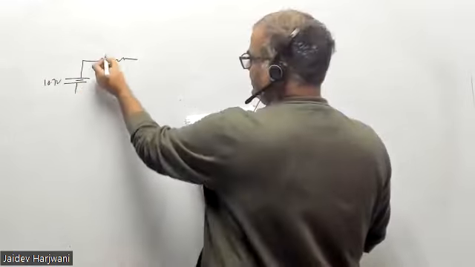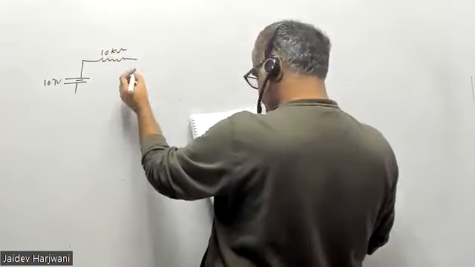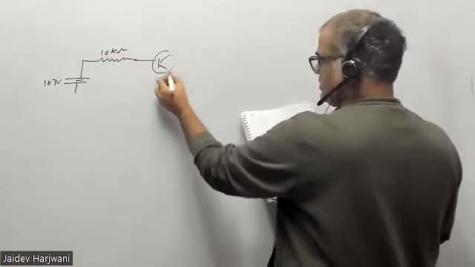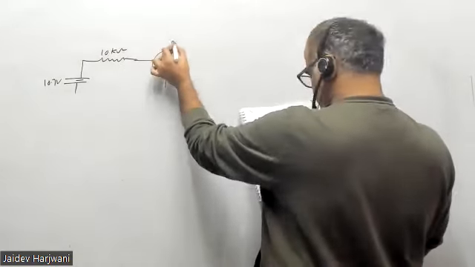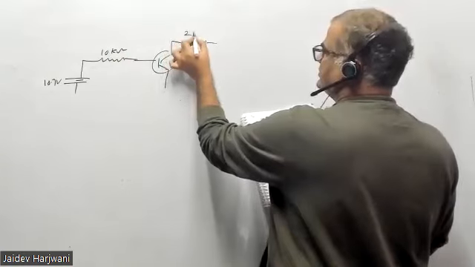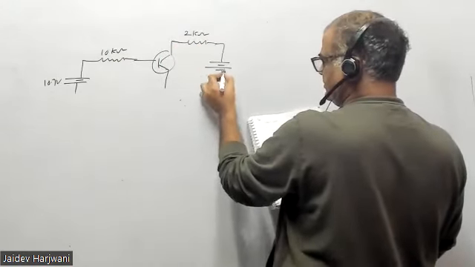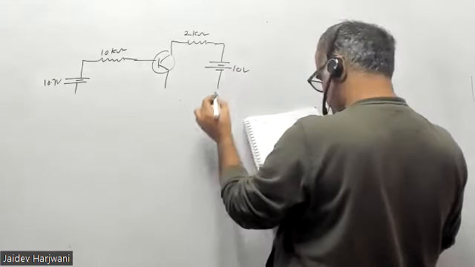10.7 volt. This is 10 kilo ohm. This is 2 kilo ohm. 10 volt.